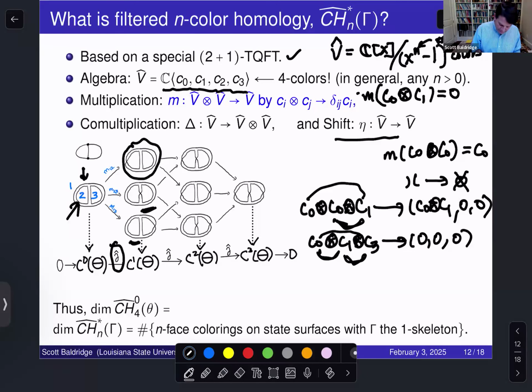So in this case, the dimension of the 0 homology is just going to be 24, because we have 4 different colors for the outside face, 3 colors for the left-hand, and 2 left over in the other spot.